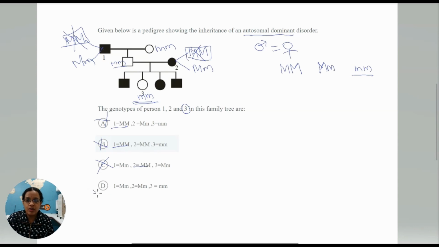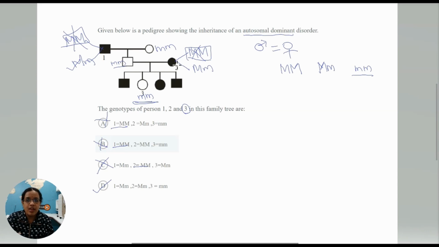Now we are left with option D, and we are left with our answer: capital M small m as the genotype of person 1, which holds true here. In this situation only can the person be affected and the progeny be clear of the disease.